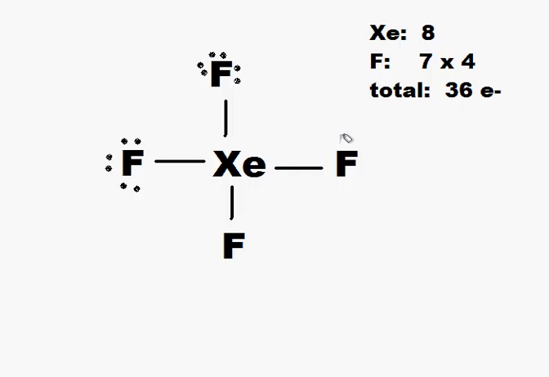Xenon in the middle already has 8 because it has 4 bonds, and each bond is 2 electrons. The fluorides each have 2 electrons from the bond, and I want them to have 8, so I just add 6 more, 3 pairs.